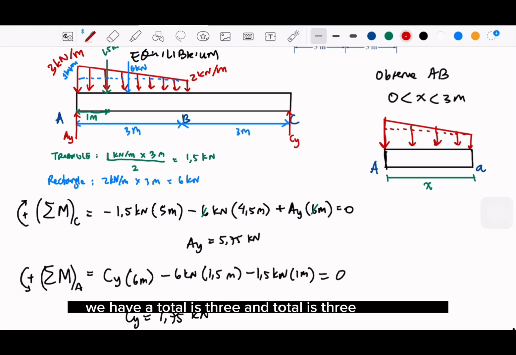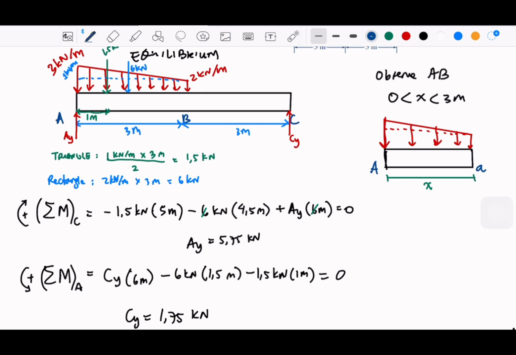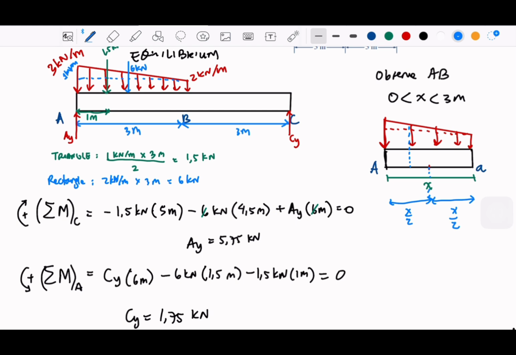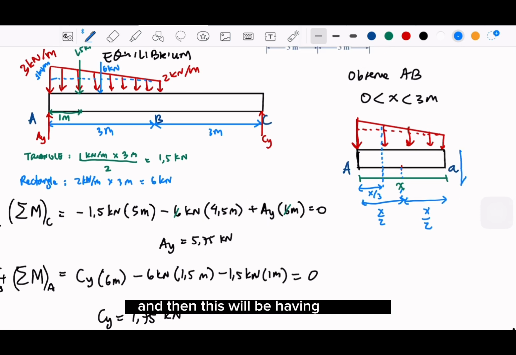Okay, the total is 3, and let me write that this will be, we have X over 2. And we would have X over 3 around here. Okay. And then this will be having our V1. And let's say this is M1.